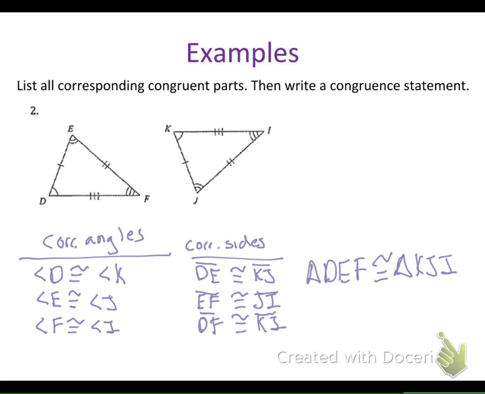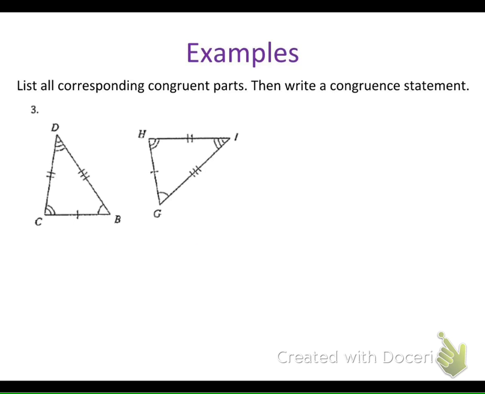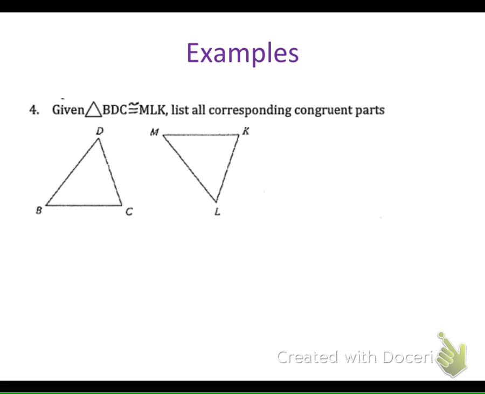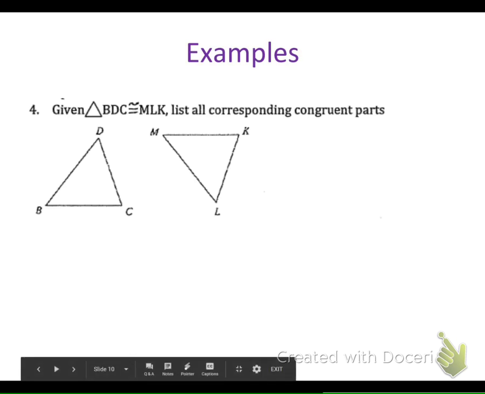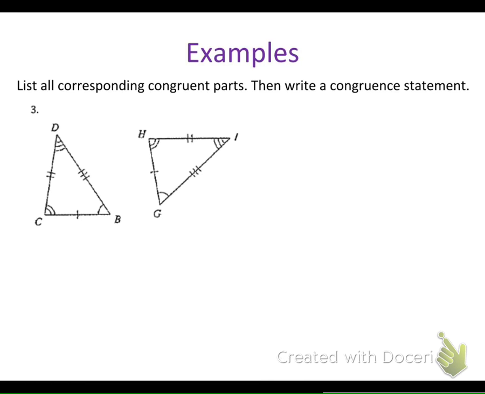Okay. So example 3, we want to list all corresponding congruent parts, and then write a congruence statement. So let's start with congruent angles. I changed the page, so give me 1 second to go back. So that's number 3 we're on, correct? Mm-hmm. So let's start with angle B, corresponding angles.